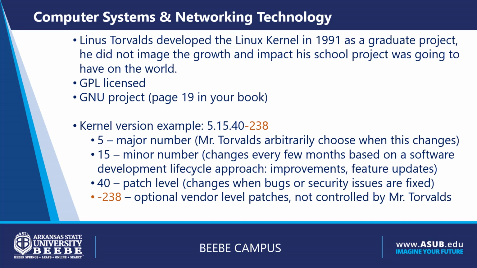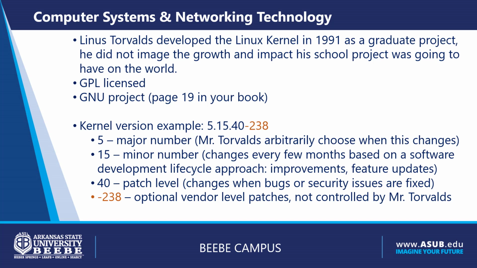They base this off a software development lifecycle approach. They add features, improvements, and after a set time of testing, that number will change. The 40, the third number, is patch level. So anytime bugs or security fixes are found, they're added to the kernel and the third number changes.